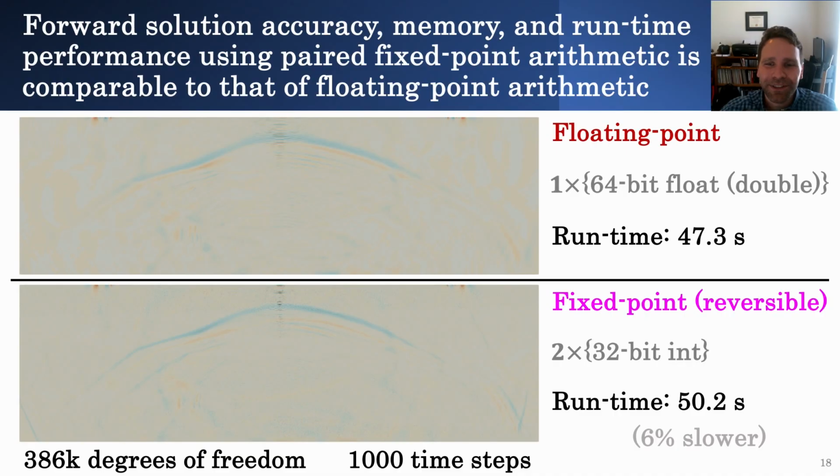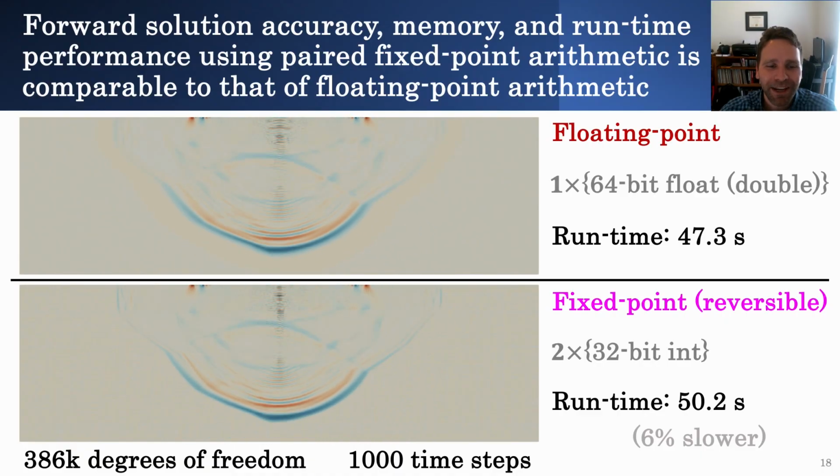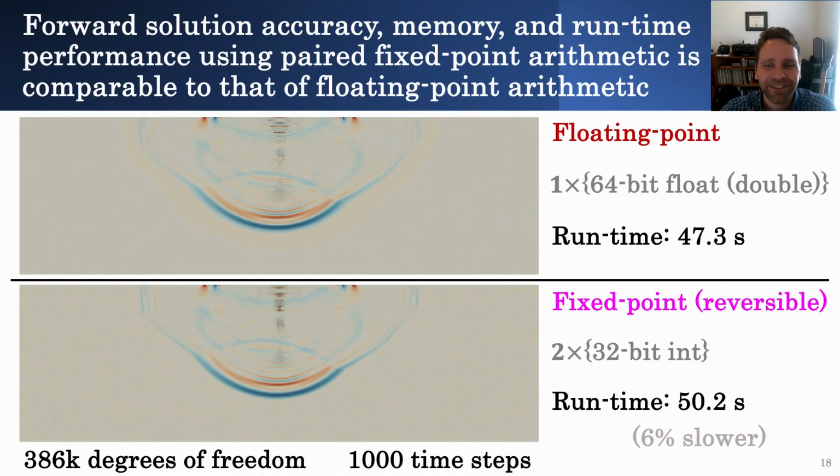And in terms of the solution accuracy, you can see that they're not exactly the same. There's a little bit of graininess to some of these results that I'm getting using fixed precision numbers. The wave fronts here look a little bit sharper, as opposed to in the floating point case, where they're a little bit more diffuse. But qualitatively, the solutions look pretty similar and do a fairly good job of capturing the overall essence of the simulation that I'm trying to analyze.